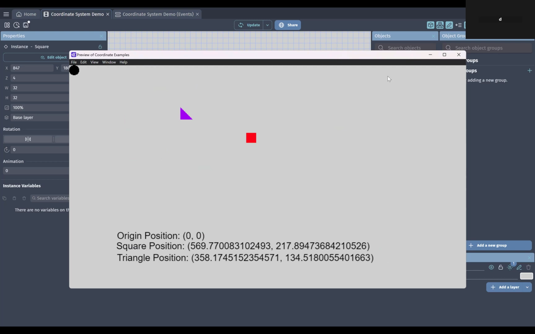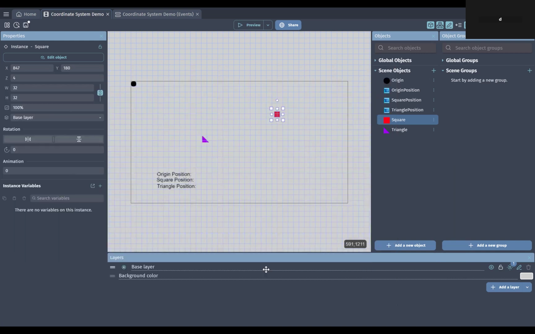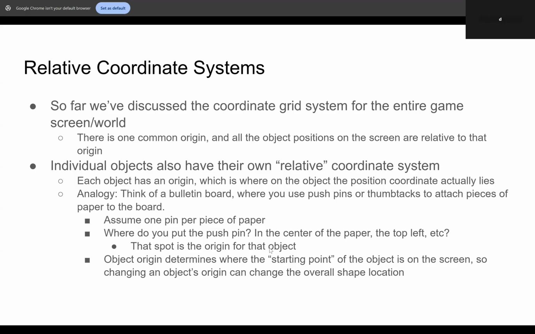Okay. So let me go back to the slides for just a minute, because I want to make another point here. One last point is about relative coordinate systems. So far we've discussed the coordinate grid system for the entire game screen or world.